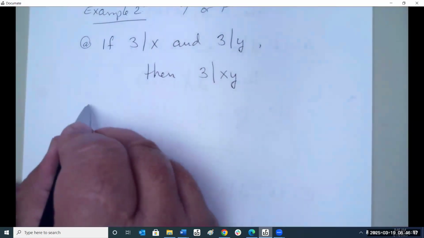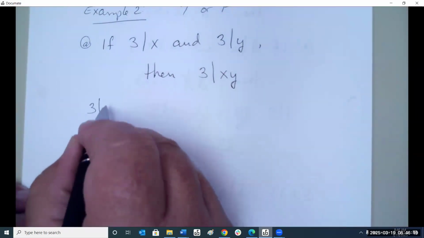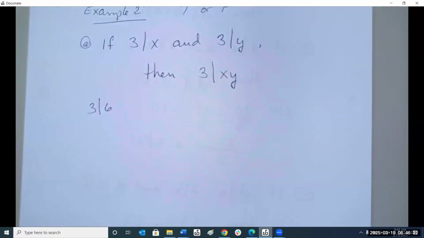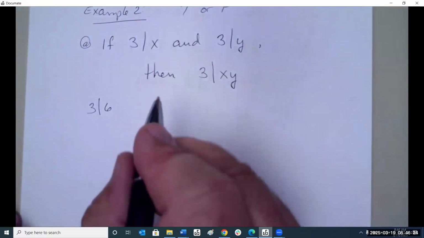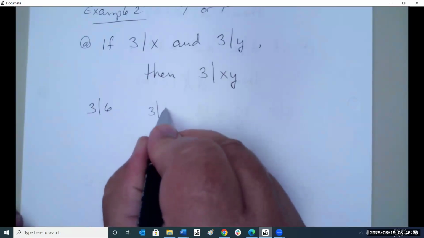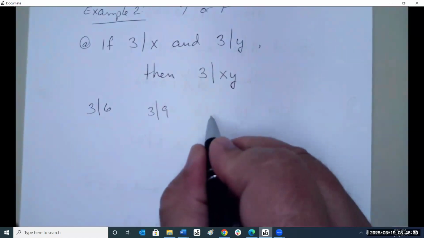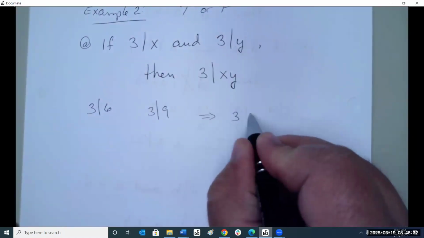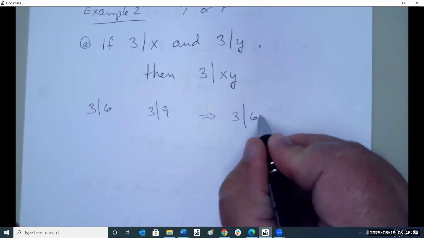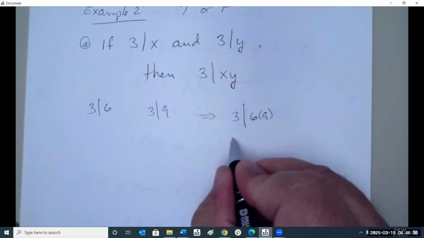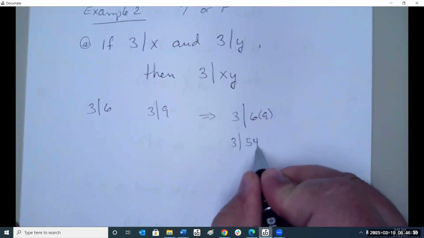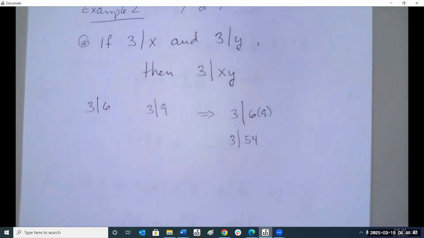So in the first one, if we had 3 into, let's say 6, and 3 into 9, does 3 go into 54?